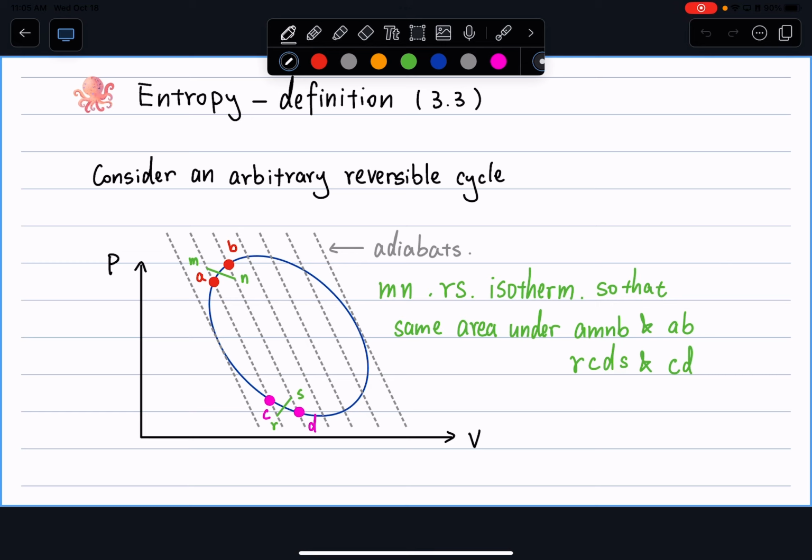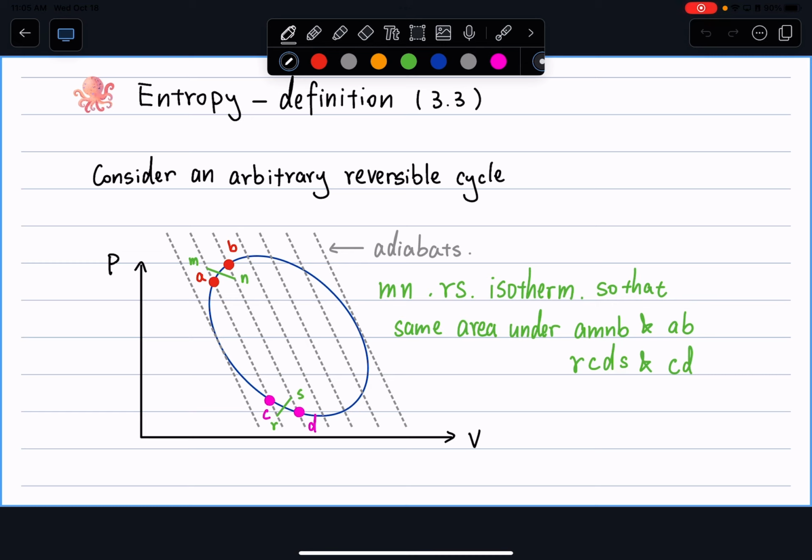That's just one piece of information, which is talking about work. The second piece of information is about our internal energy. Internal energy U is a state function.